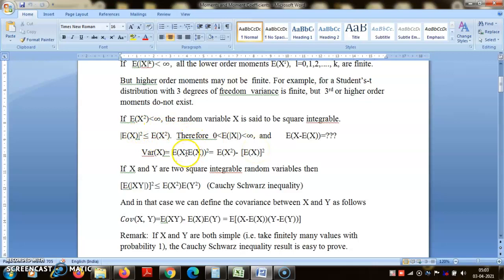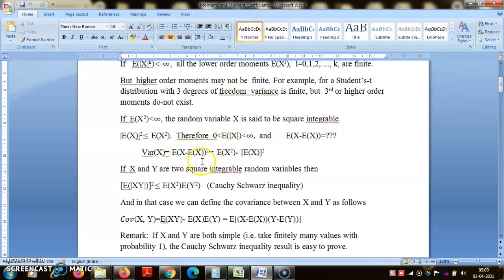Of course this would be making more sense, that the expectation of (X minus expectation of X) whole squared. Now what is X minus expectation of X? This is the deviation from the mean, and it is the square deviation from the mean, and you are taking the average of that, which is the expectation. So this is the average of the square deviation from the mean.